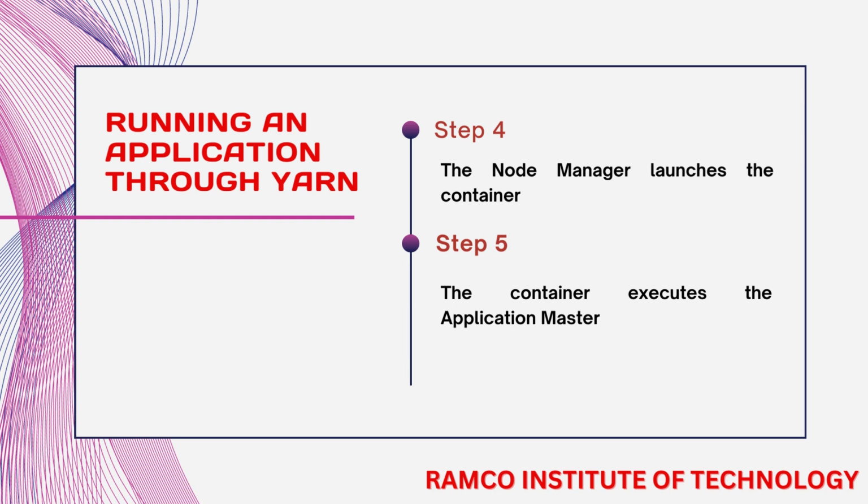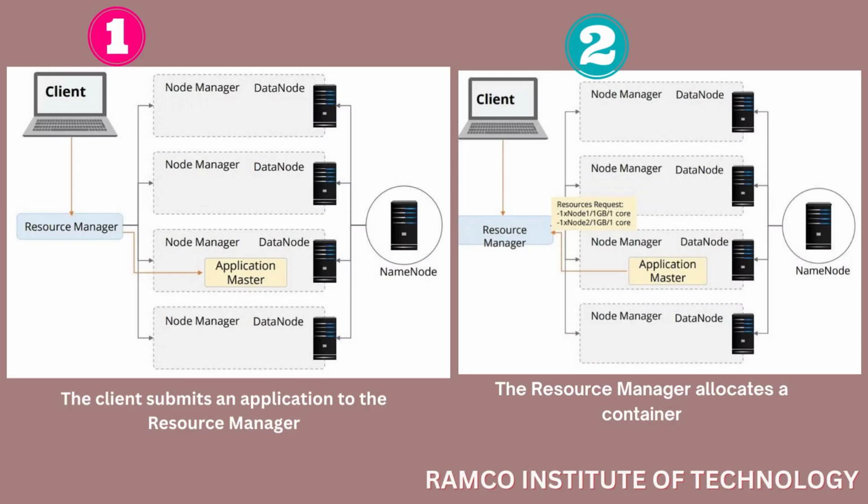So let us see these steps in detail. In the first step, the client submits an application to the resource manager. Next, the resource manager allocates a container to do that application, so the resource request is sent.